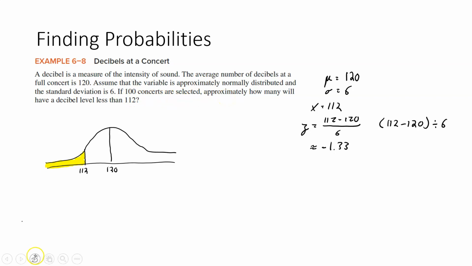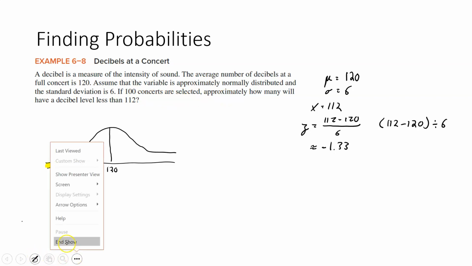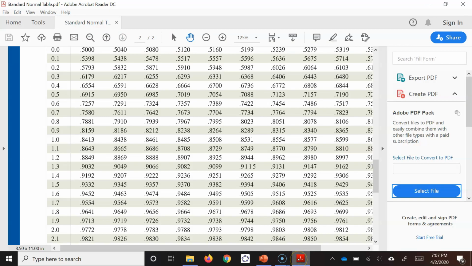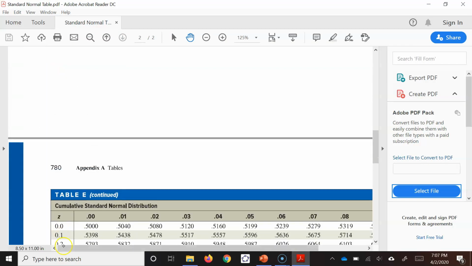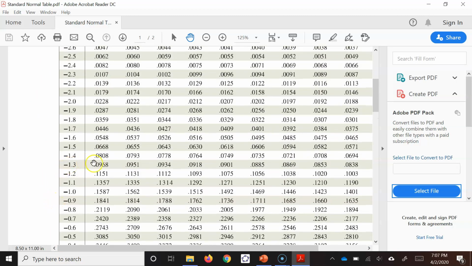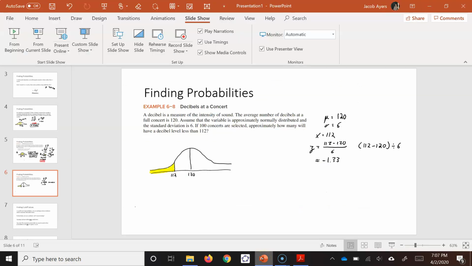So let me just pop out of here and look up the table real quick. Keep those annotations. Let's see here. Negative 1.33, 1.30, 3, 0.0918.